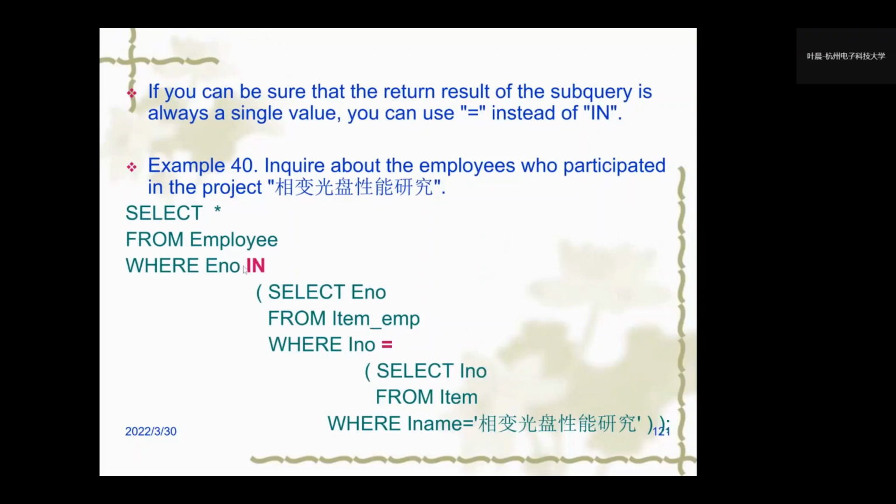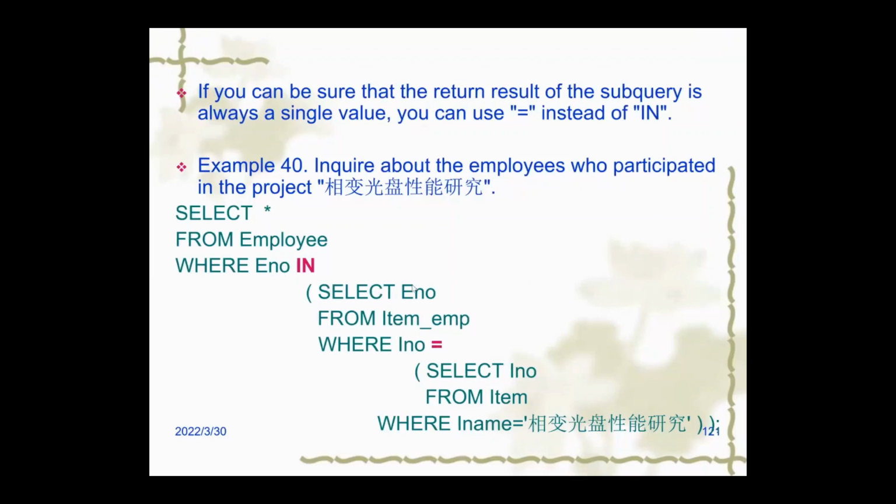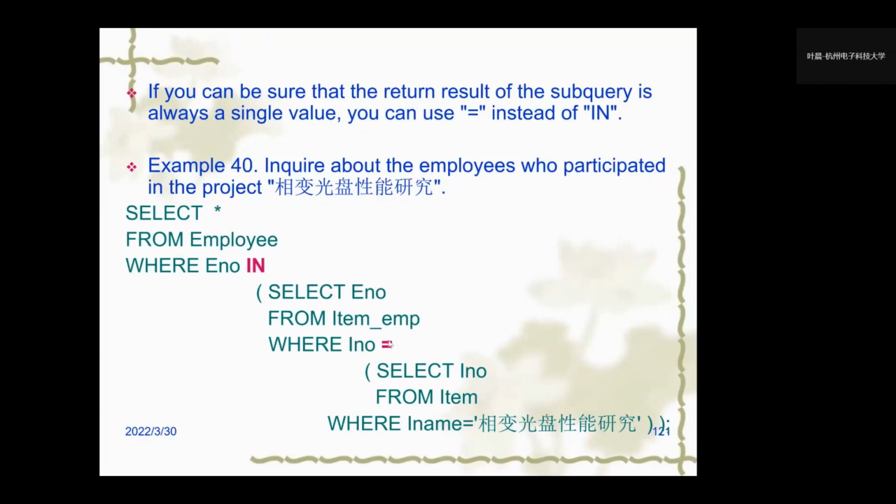So here we use IN to represent that this subquery may return a list of values, which means a list of employee numbers. So here we use IN. It means for each item, we can have several employees participate in it.